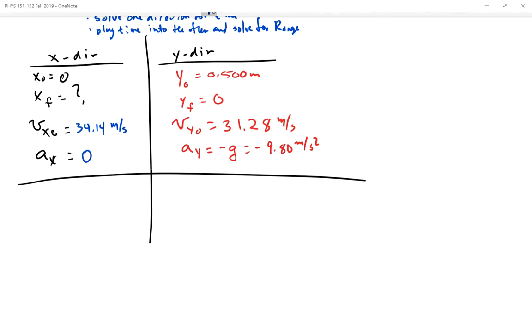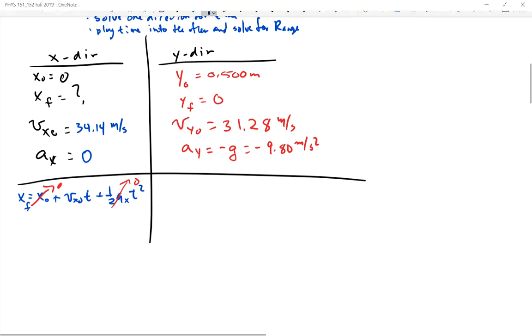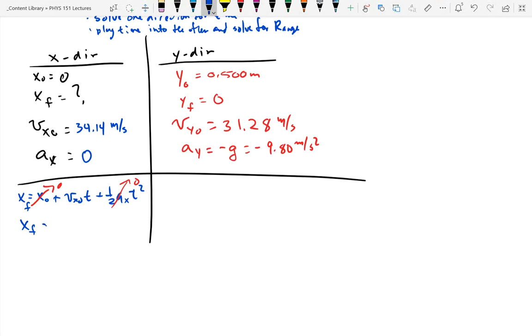And I always throw my zeros in immediately because it makes life easier on me. So x final is Vx0 multiplied by time.